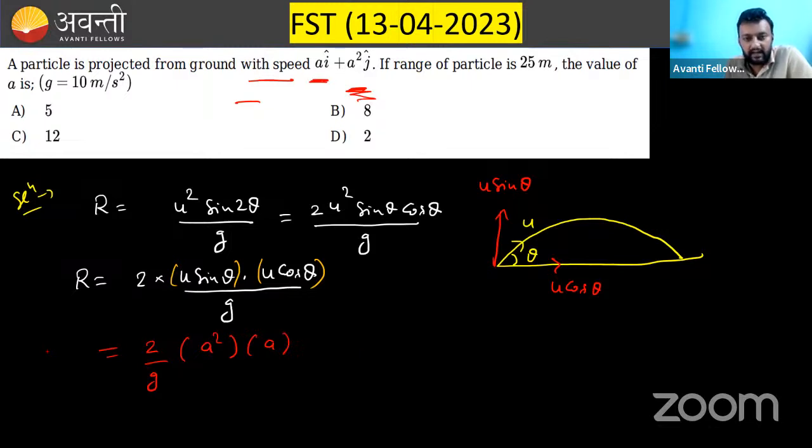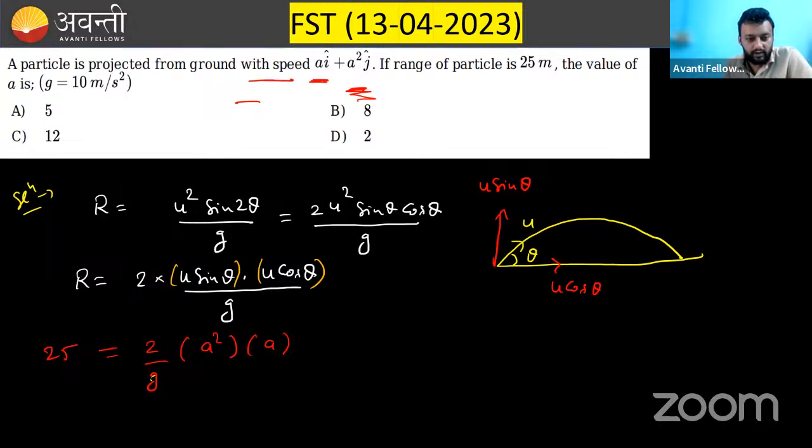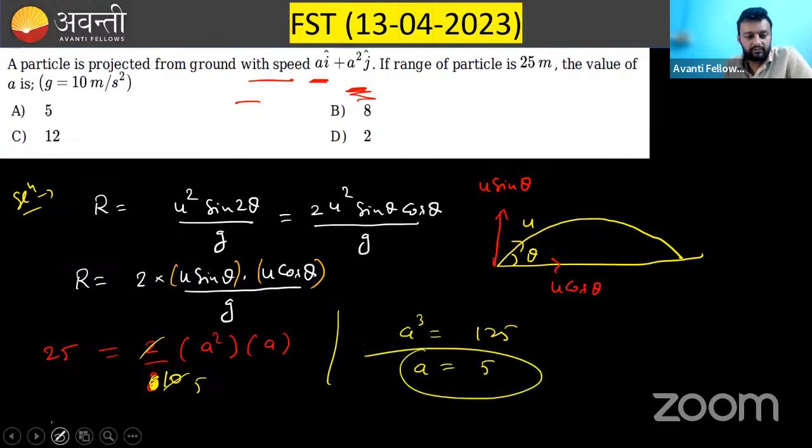And range is given as 25 meter. Now you can solve this question. If you solve, you can place the value of g as 10. It will be 5, that is 125. So a cube will be 125 and a will be 5, which is very good. Usually option number A.